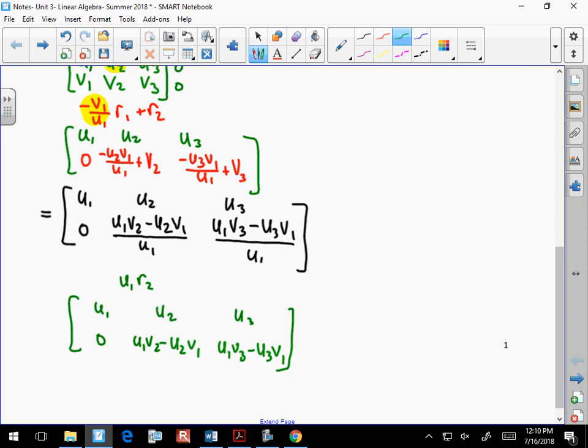All right, so somehow we got to get rid of other things now. All right, because we want to get this row reduced down.